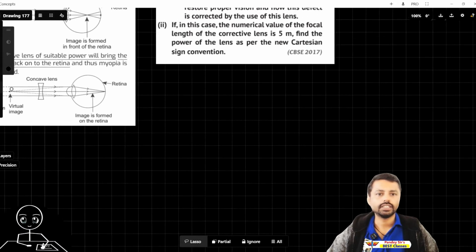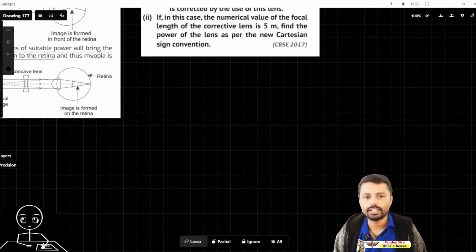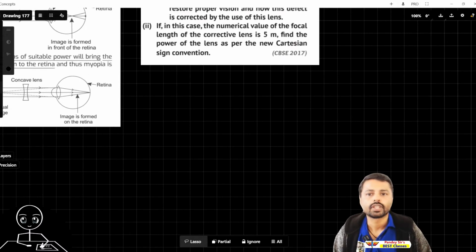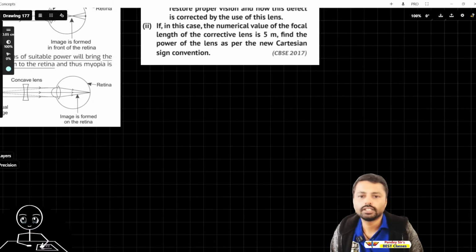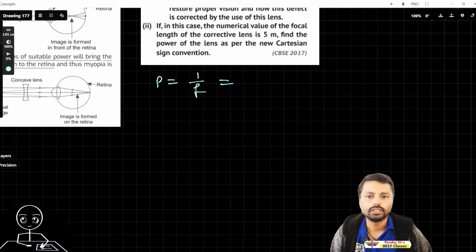If in this case the numerical value of the focal length of the corrective lens is 5 meters, find the power of the lens as per the new Cartesian sign convention. So power P equal to 1 by f. For the corrective lens, the focal length is 5 meters.